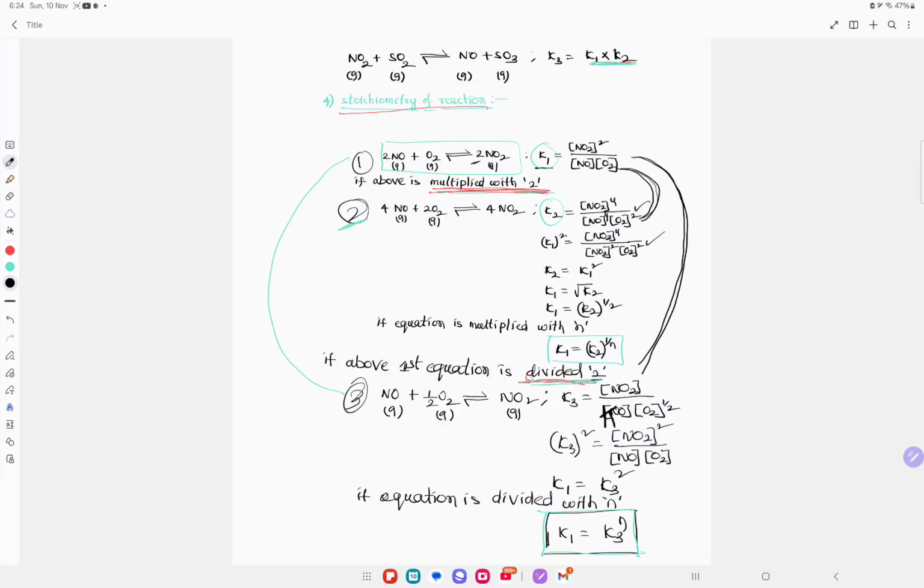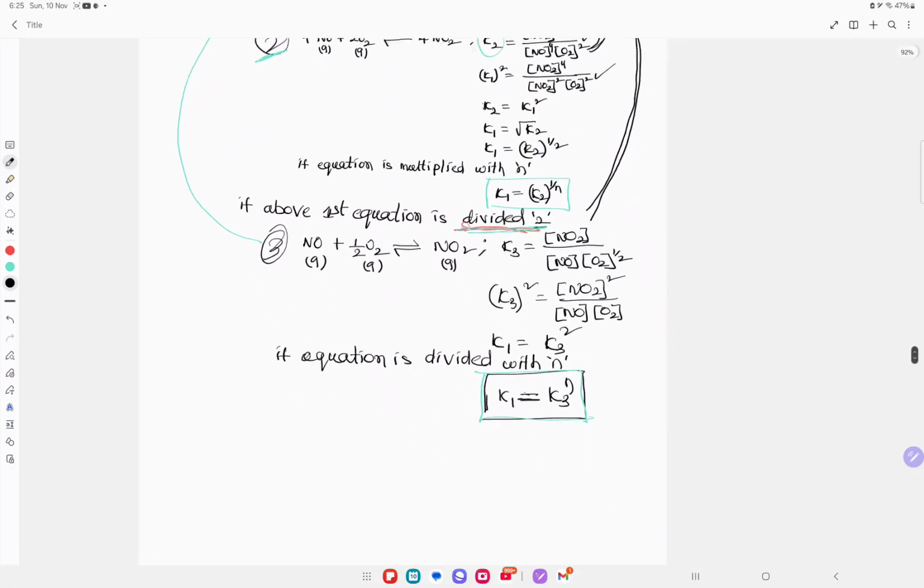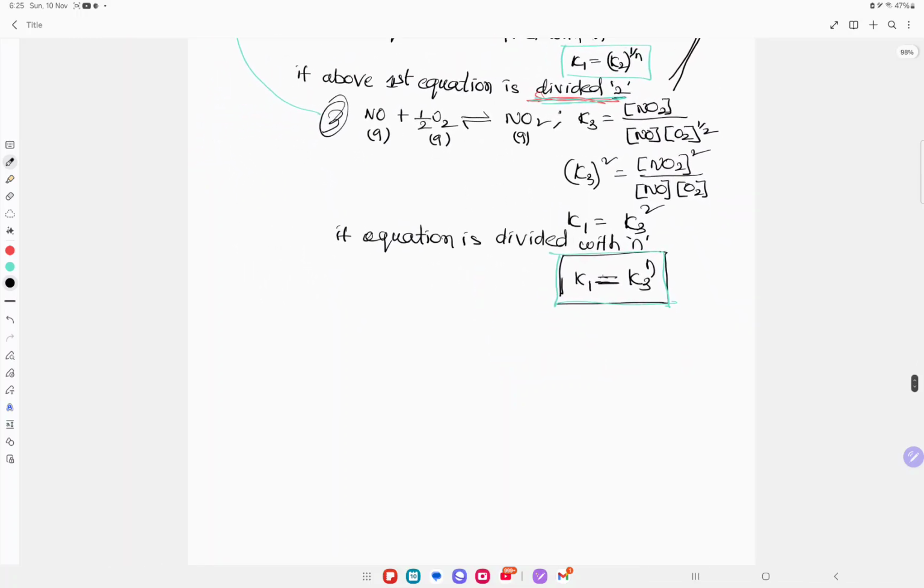Then the equilibrium constant of the first equation is the third equation's constant power n. అంటే 2తో డివైడ్ చేస్తే పవర్ 2 అయింది, nతో డివైడ్ చేస్తే పవర్ n అయింది. అంటే multiplied చేస్తే power 1/something, divided చేస్తే power something. So these 4 are the factors which affect the equilibrium constant.